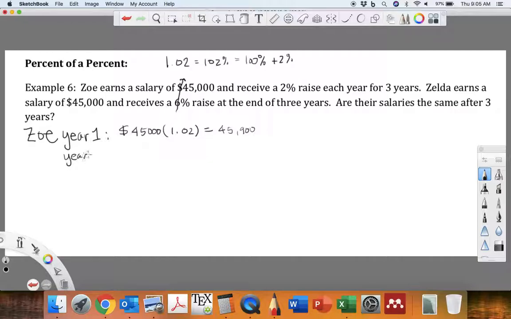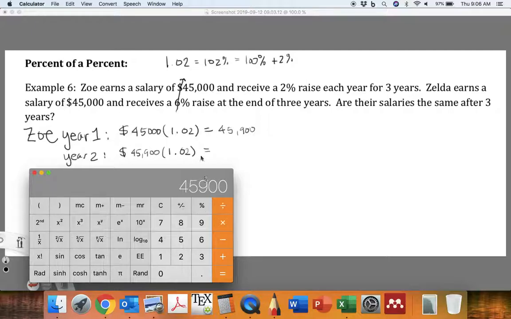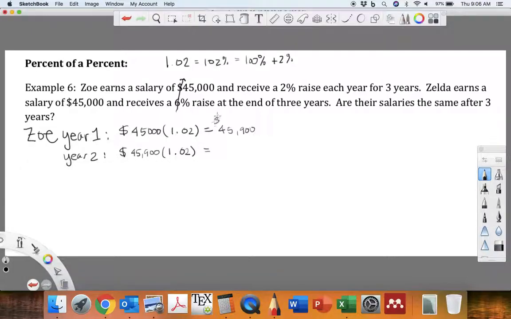In year 2, Zoe's going to get her 45,900. That's what the 1 is about, plus 2% of that amount. So we're going to take 45,900 times 1.02 again, which is $46,818.